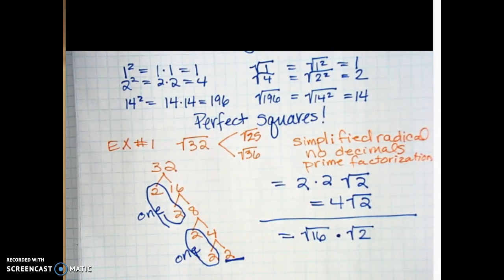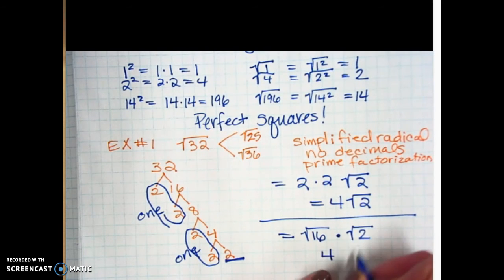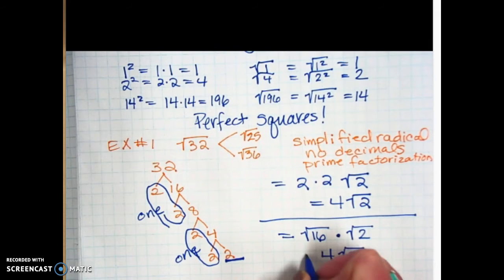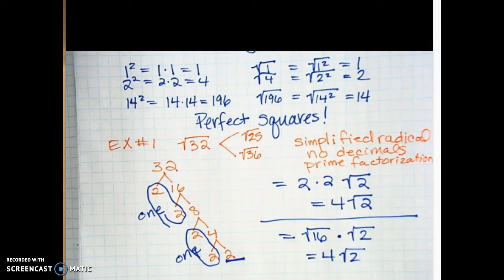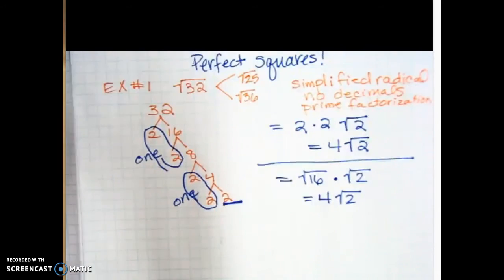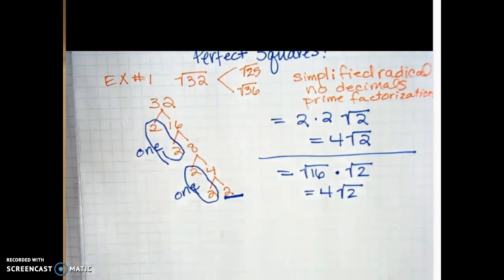Square root of 16 is 4. This doesn't have any more perfect squares, and so you're done. Whichever way is faster for you, or whatever one's recognizable. Most of you are pretty good with perfect squares up to 12, up to 144. The rest of them you can do on your calculator.